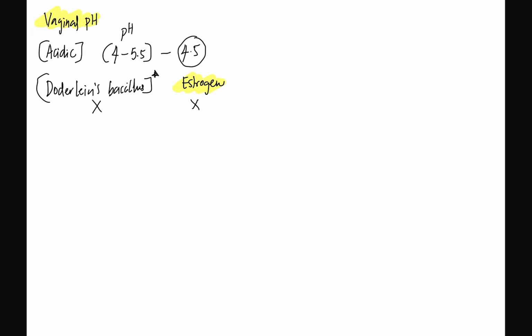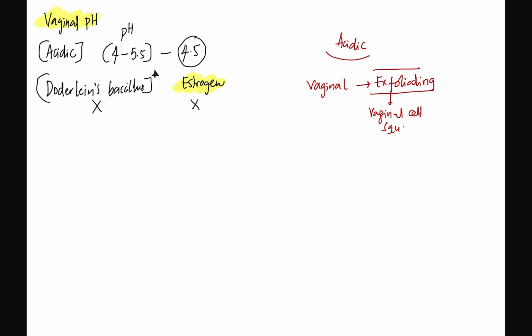Now, how this acidic environment comes into picture? See, vaginal epithelium is usually exfoliative in nature. There will be rapid replenishment of vaginal cells. So this exfoliated vaginal squamous cell inside it contains glycogen.